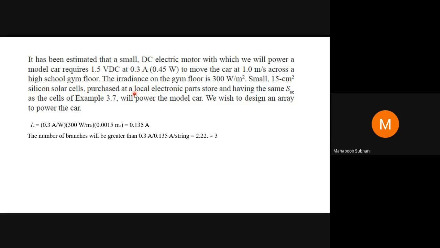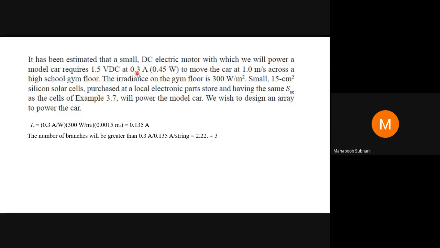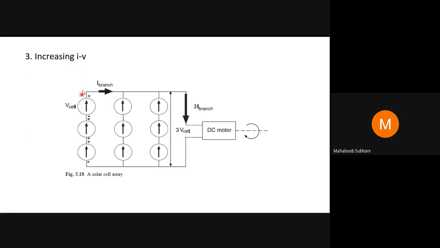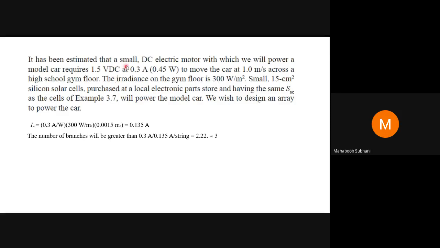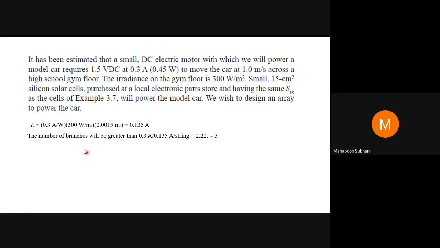The desired value for the whole string is 0.3 amperes. The current produced in this cell is 0.135.